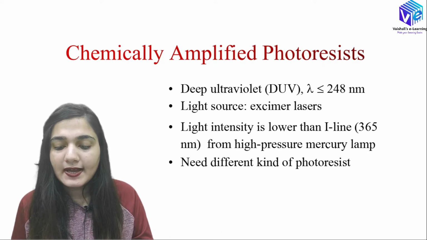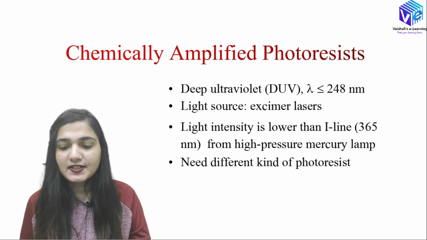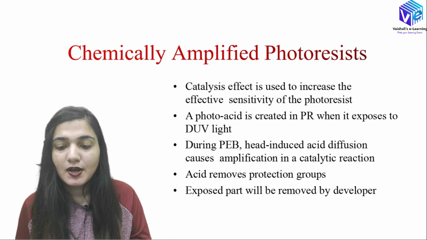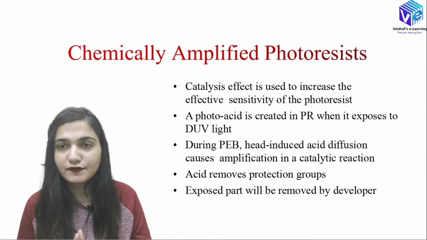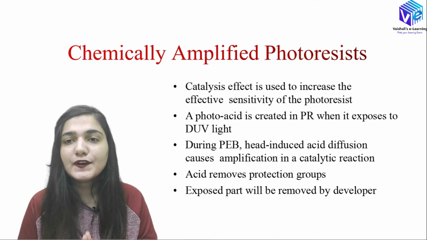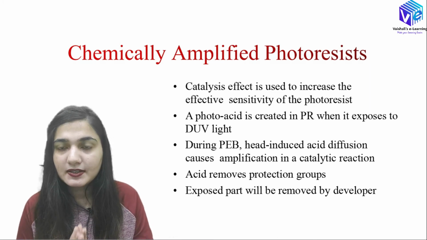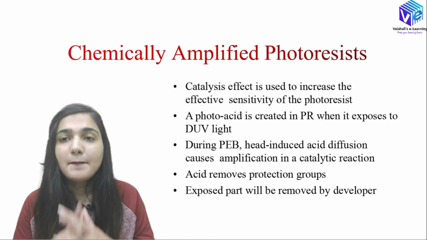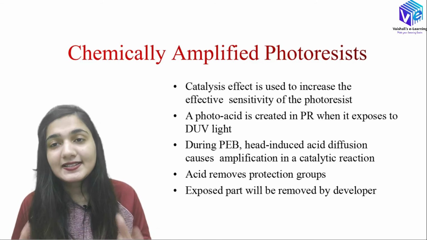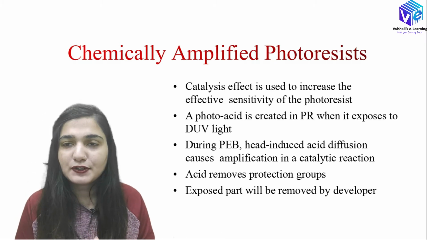So we require different kinds of photoresist for our process. Now we have the catalysis effect, which is used to increase the effective sensitivity of the photoresist. As I have already told you, if the sensitivity increases, I require lesser intensity of light, plus I require lesser time as well for the photolithography process.